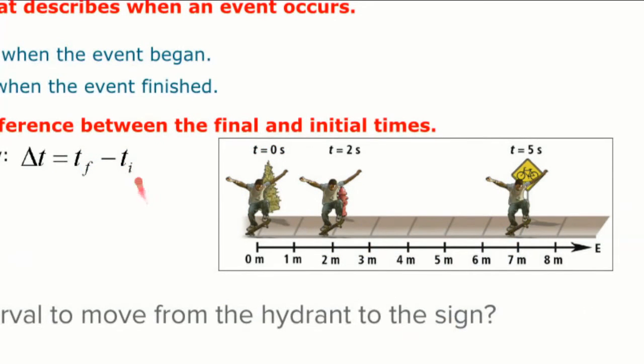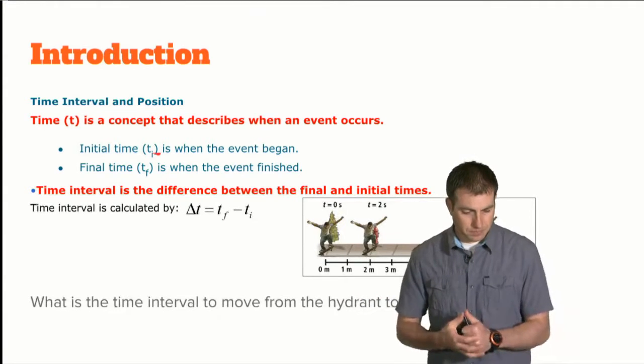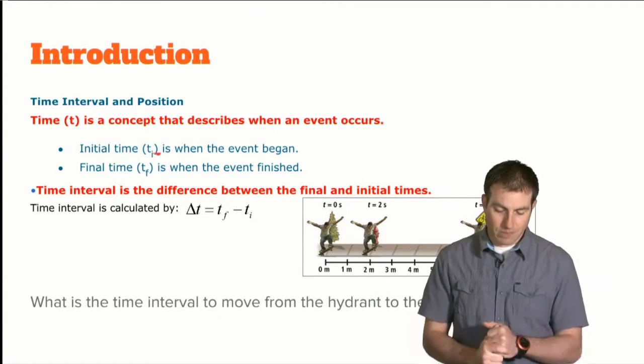Sometimes we'll use a little zero, and it's called t naught or t initial. They mean the same thing, it just depends on the notation your teacher uses. Sometimes it'll be Ti, and sometimes it'll be t with a little zero next to it, but they both mean the same thing. Just a notation thing.